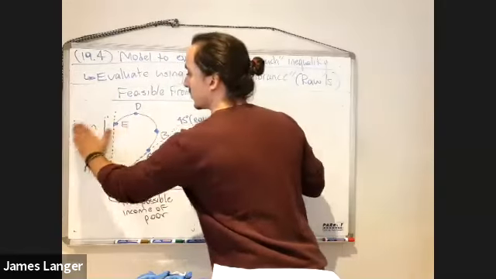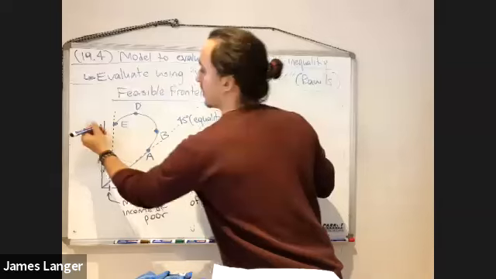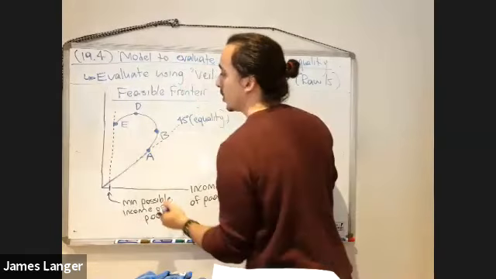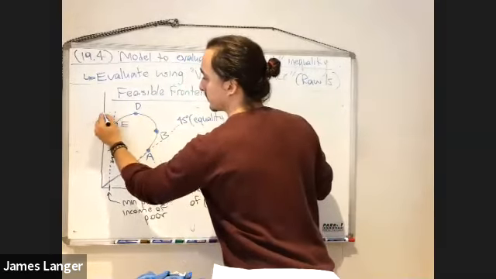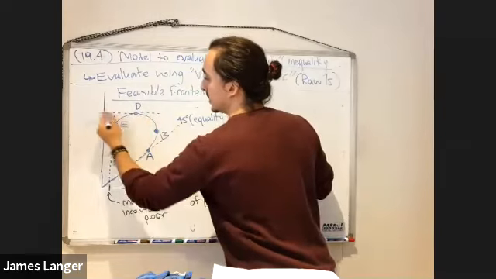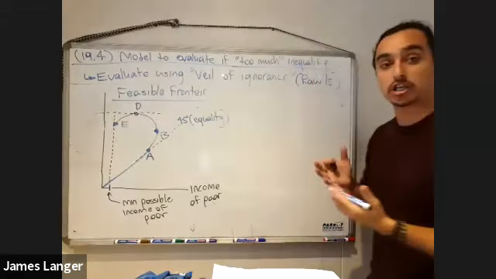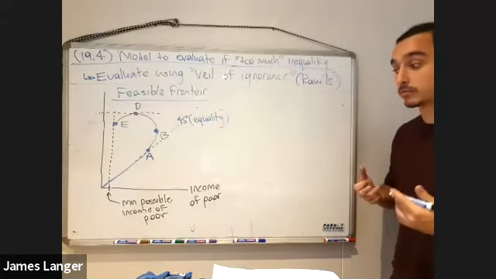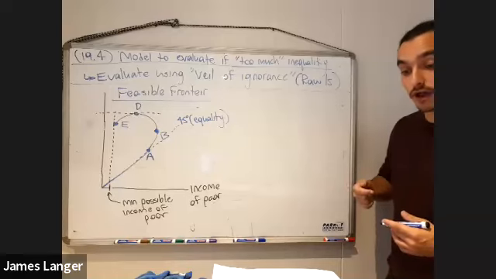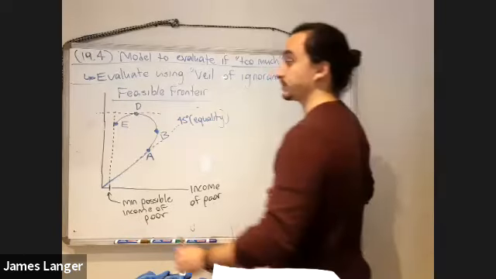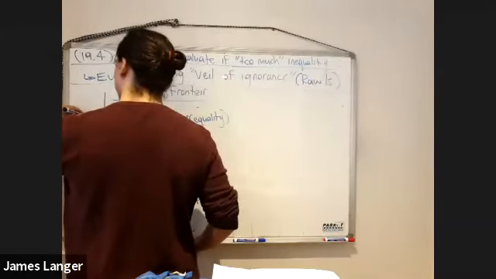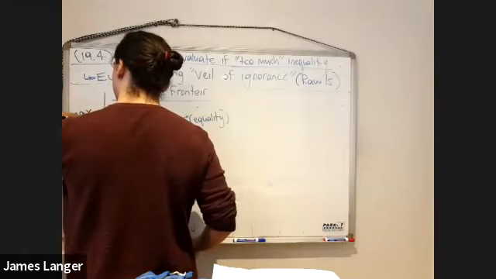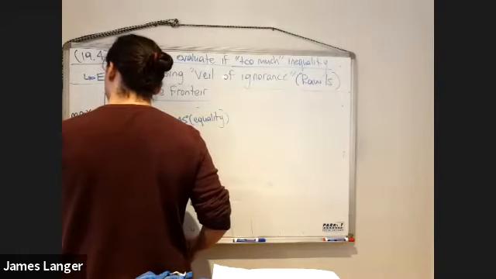Likewise, sorry that I keep erasing here, I just want to extend my graph. We're going to see that D is where we see the maximum possible income for our rich.